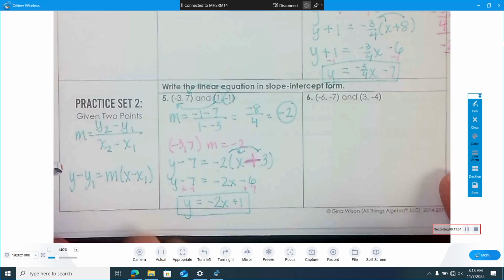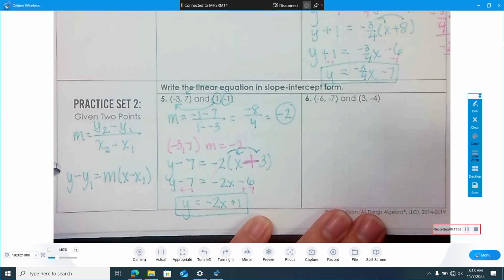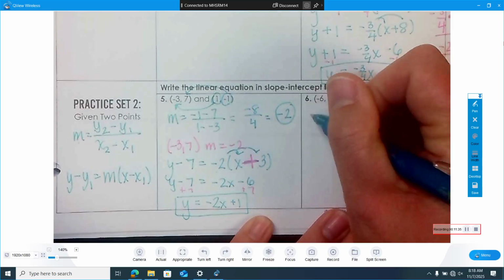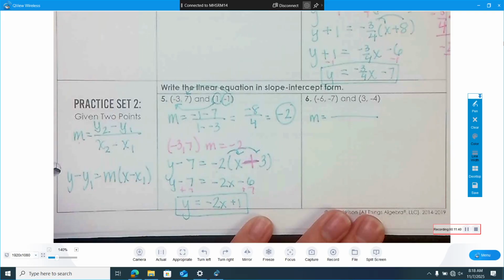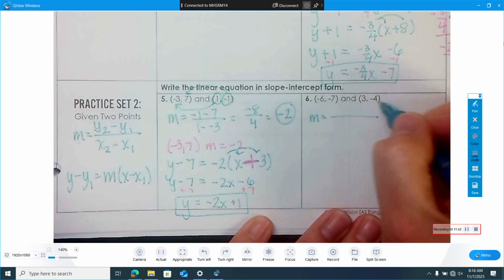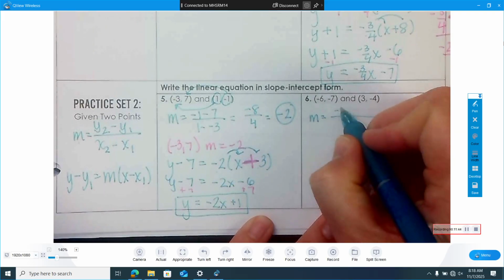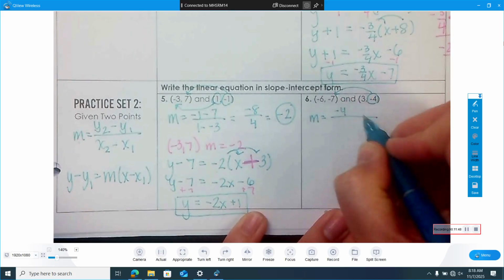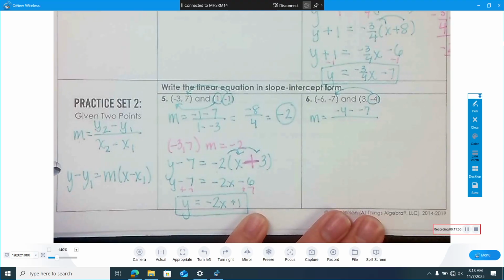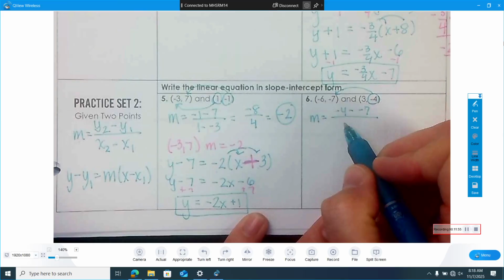Let's just do one more here. All right, so we have our slope. We need our slope. y2 minus y1. What should we do? -4 minus, good, -4 minus a -7. And then? -6. Wait, no, -3.